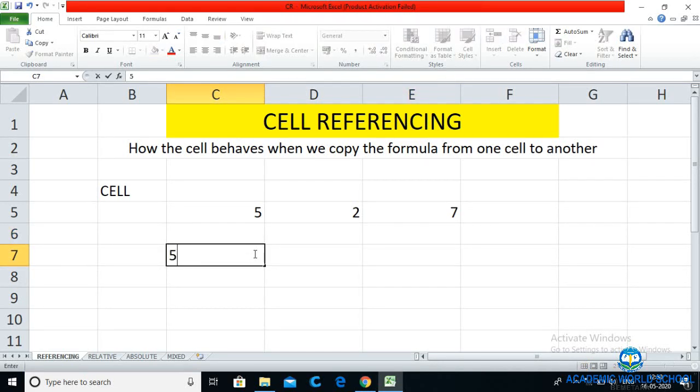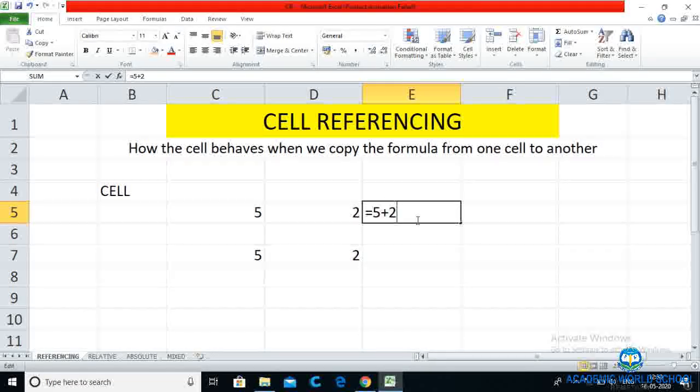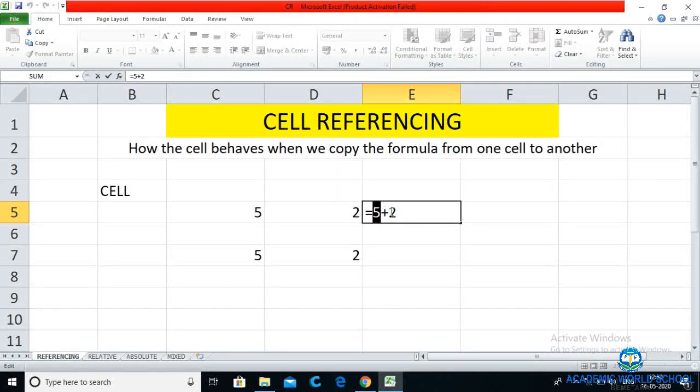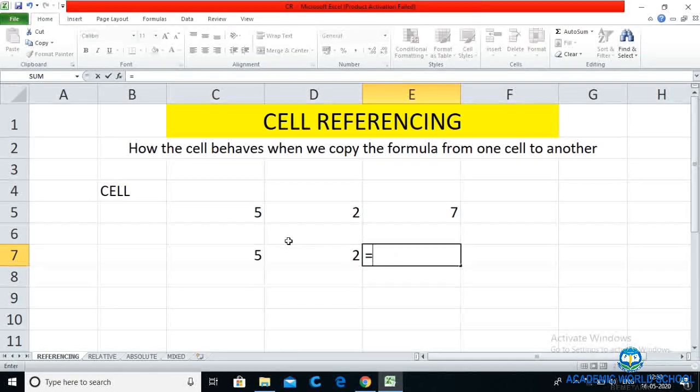We take the same numbers, but over here, in place of the cell value, 5 and 2, which we took earlier, we are going to take the cell address. The cell address of 5 is C7.